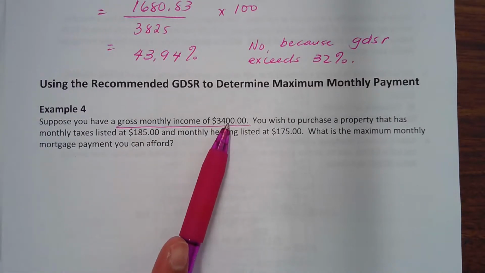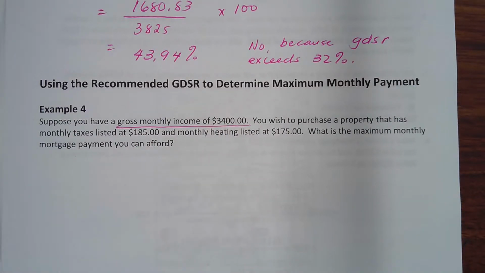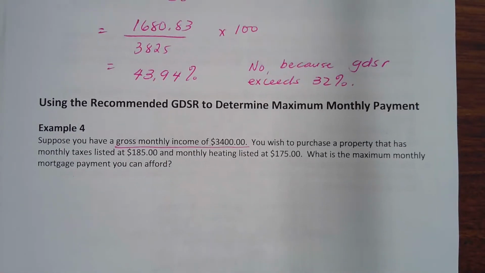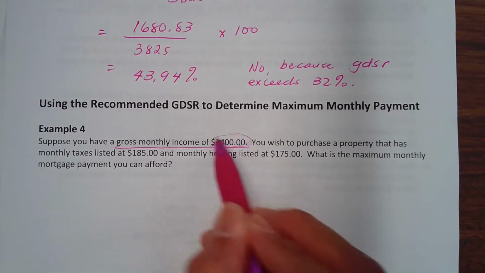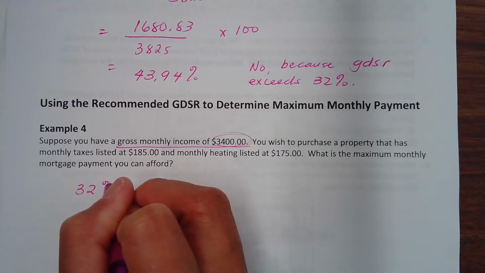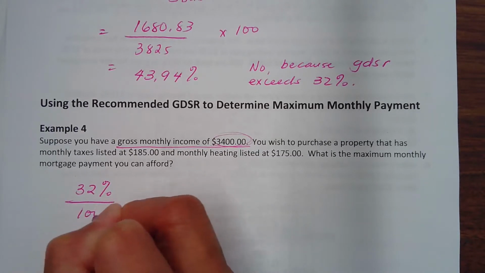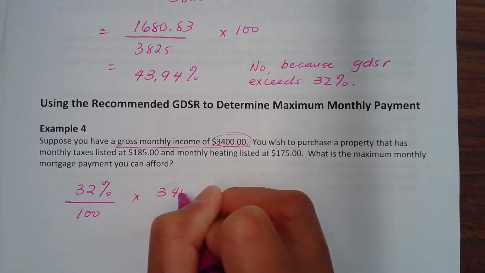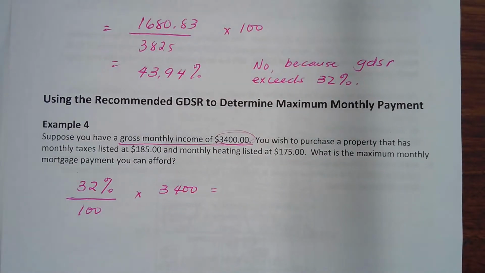So this is how much we're earning. We don't know how much we can afford to pay for our mortgage payment. With this amount, we are allowed 32% of our income, right? 32% is allowed to pay for your house expenses.